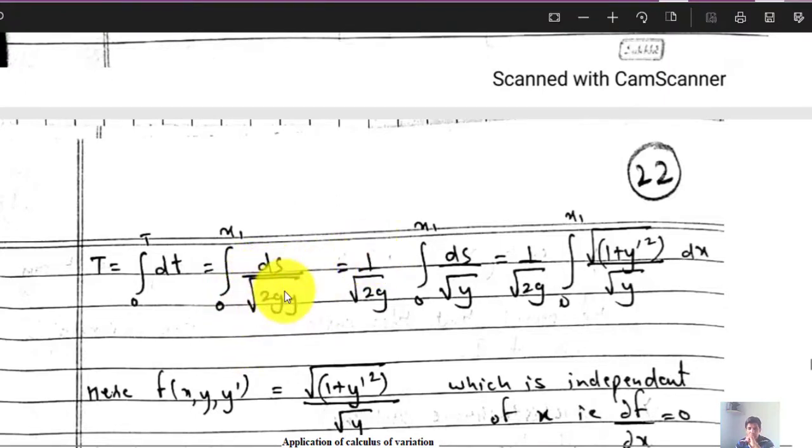If I take the constant 2g outside, it is 1 upon the square root of 2g, over the interval 0 to x1, of ds divided by the square root of y. And what is this ds? Ds is the arc length, the square root of 1 plus y1 prime square, divided by the square root of y.